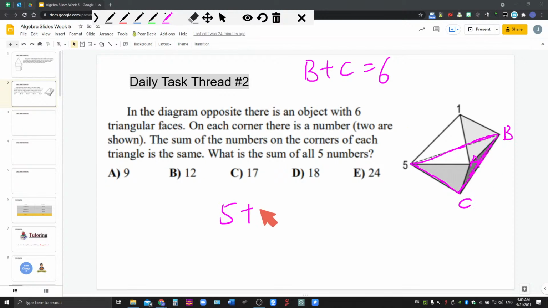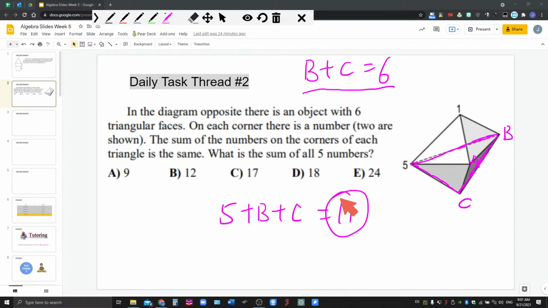In this triangle, what is the total sum? Because we already found B plus C equals 6, 5 plus 6 will be 11. The sum of this triangle will be 11.